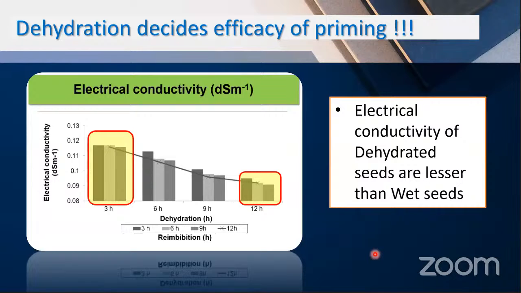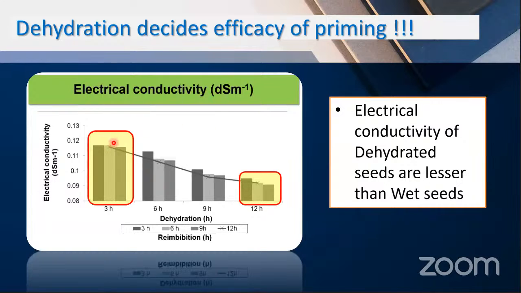Membrane means not the entire seed, the seed coat. This is the individual membranes: mitochondrial membrane, ribosomal membrane, nuclear membrane. Like that, individual membranes get reorganized. That is why finally the leachate from the seed gets reduced, which is measured in terms of electrical conductivity.